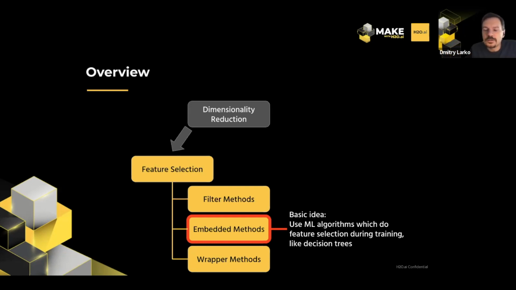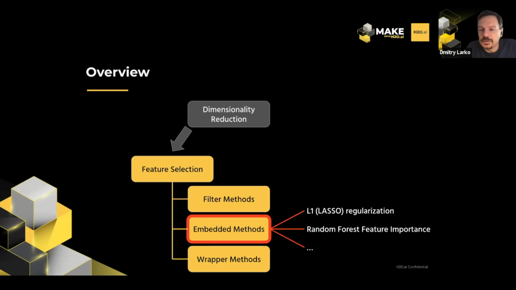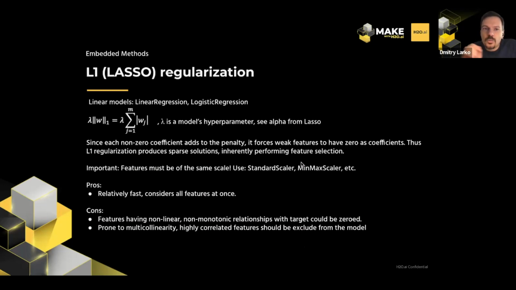What else can we use? Well, one of the simplest, most straightforward, and quite practically useful approaches is to use L1 regularization for your linear model. So what's so special about L1 regularization? You basically punish your model for having high absolute values of the weights of your linear regression or logistic regression model.